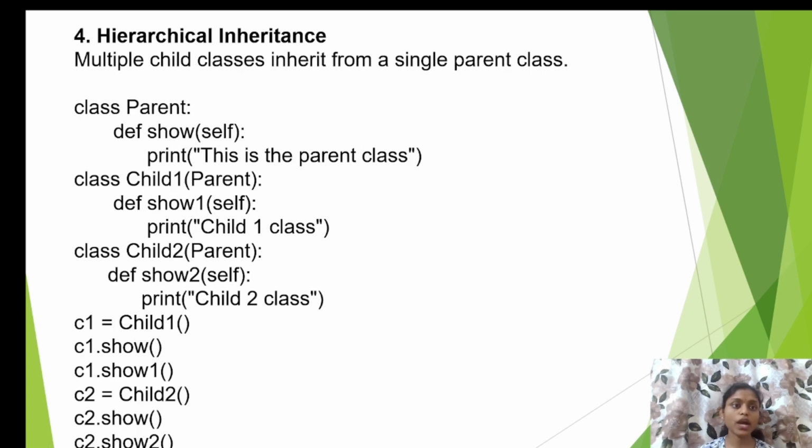And next, coming to hierarchical inheritance, multiple child classes are inherited from a single parent class. Here we create only one parent class, and from that we can create so many classes.